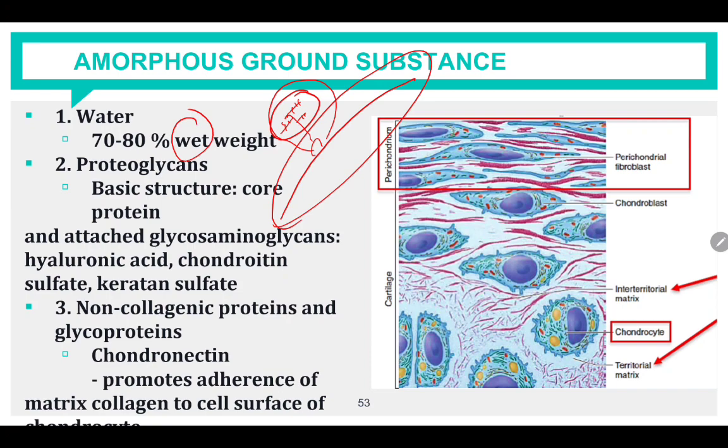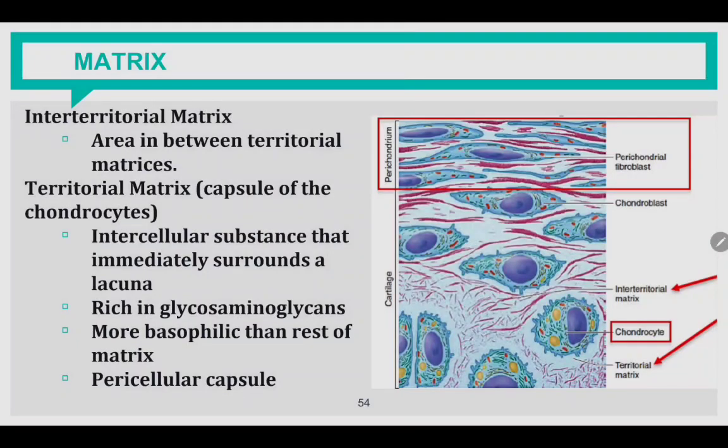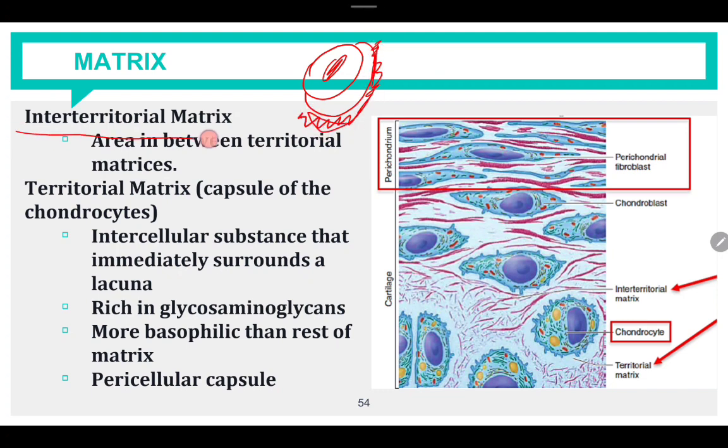Okay? So, let's move on sa next part ng ating matrices, the interterritorial matrices. So, tandaan ninyo that kapag merong chondrocyte na naka-held in place sa kanyang lacuna, no, yung parang dark staining dyan, is what we call the territorial matrices. Okay? Or the territorial matrix. Ngayon, tandaan naman ninyo, the area in between territorial matrices, ang tawag dyan is your interterritorial matrix. Okay? I hope naintindihan siya, no?